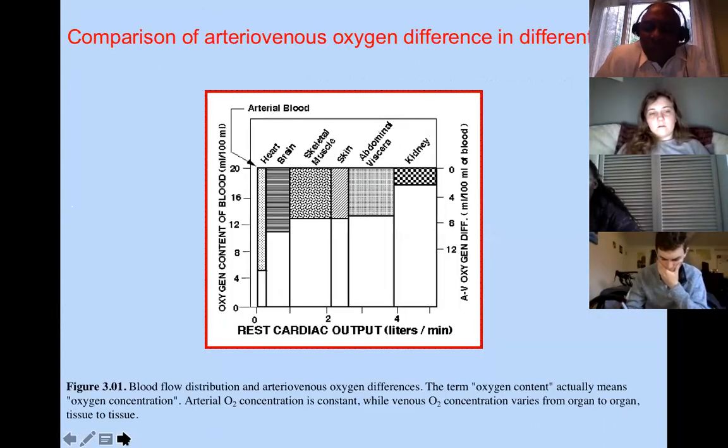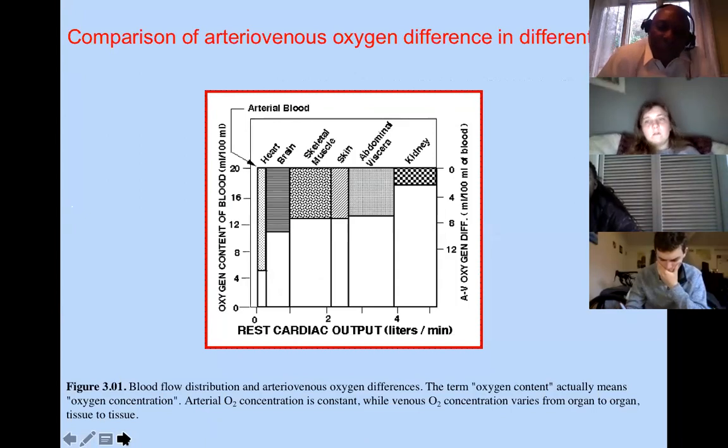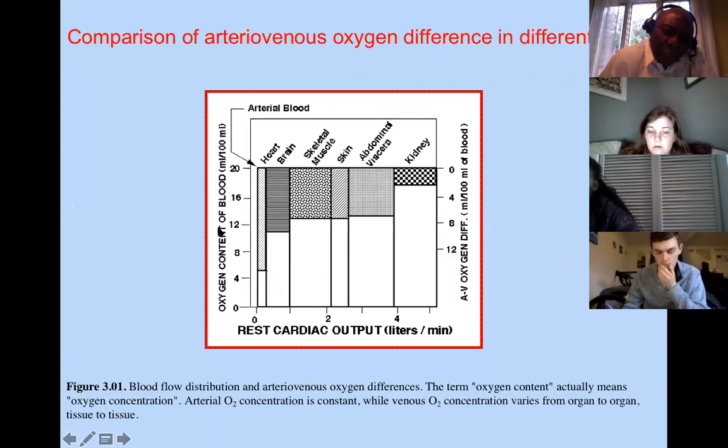Okay, so this slide, let's just get oriented. So this is rest cardiac output, liters per minute. And then on this axis, we have the oxygen content of blood, okay? And then these are different tissues.